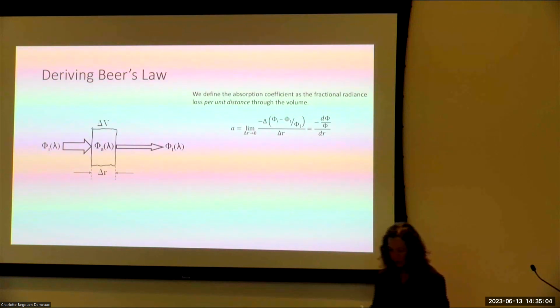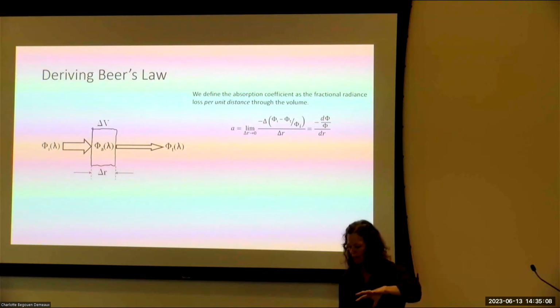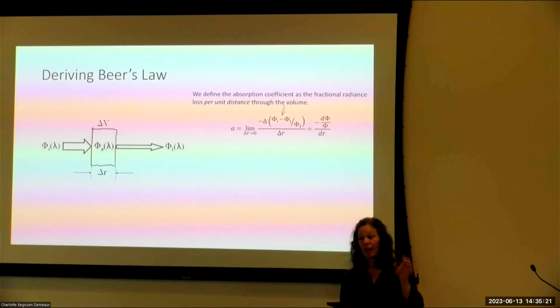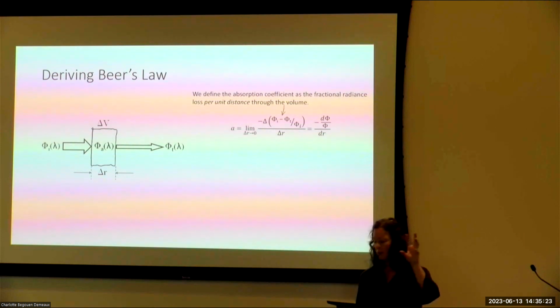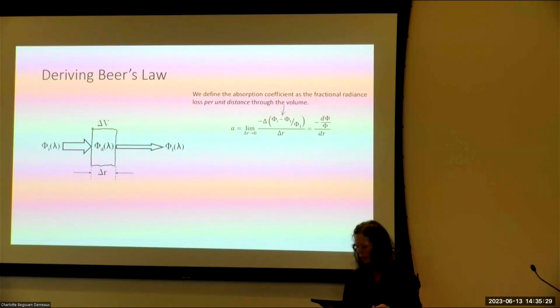We can define the absorption coefficient as the fractional loss per unit distance of light through that volume. On the top we've got this term inside the parentheses, the fractional radiance loss: incident minus transmitted, the absorbed part, divided by the incident. So that's the fraction that got lost.